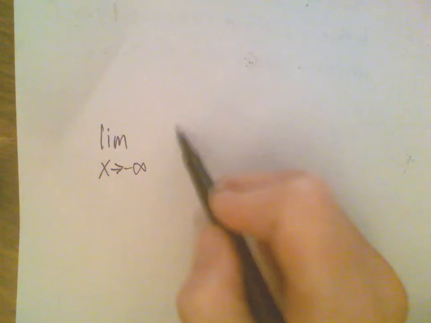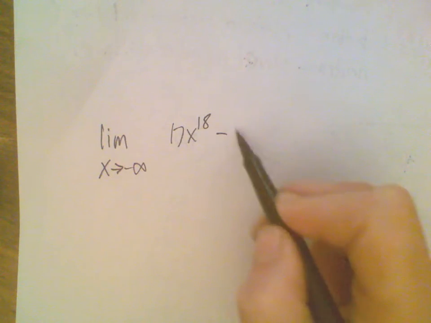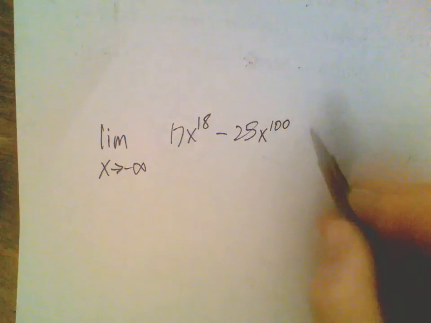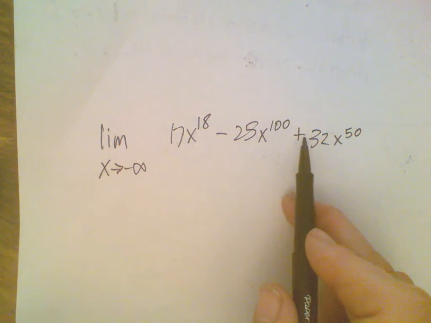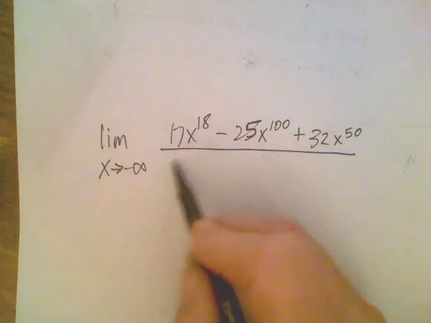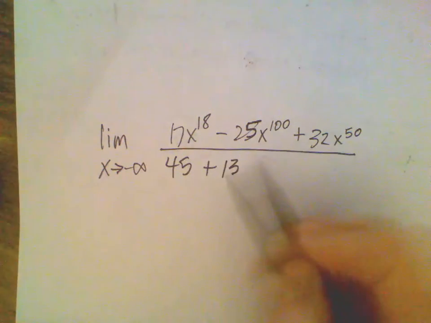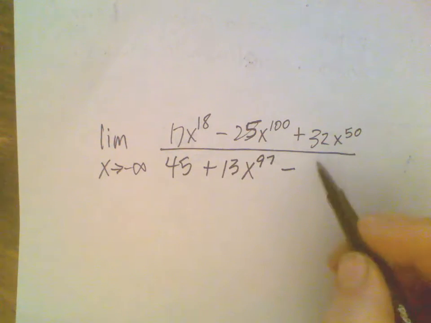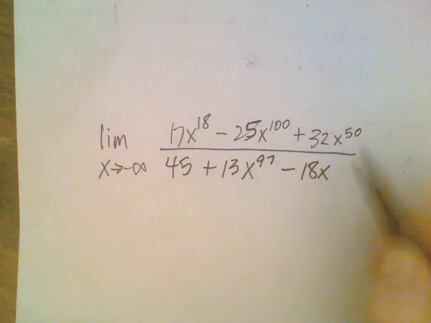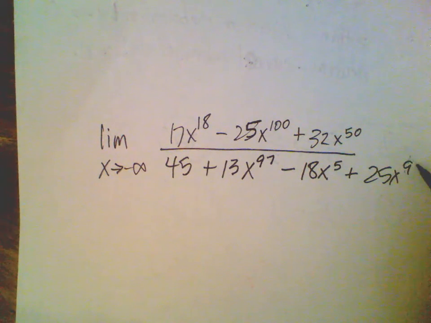If my limit as x approaches negative infinity, just for kicks here, if I am looking for my lead term, let's say I have 17x to the 18th power minus 25x to the 100th power plus 32x to the 50th power, over 45 plus 13x to the 97th minus 18x to the 5th plus 25x to the 96th. Okay, there we go. Again, I'm being super obnoxious.